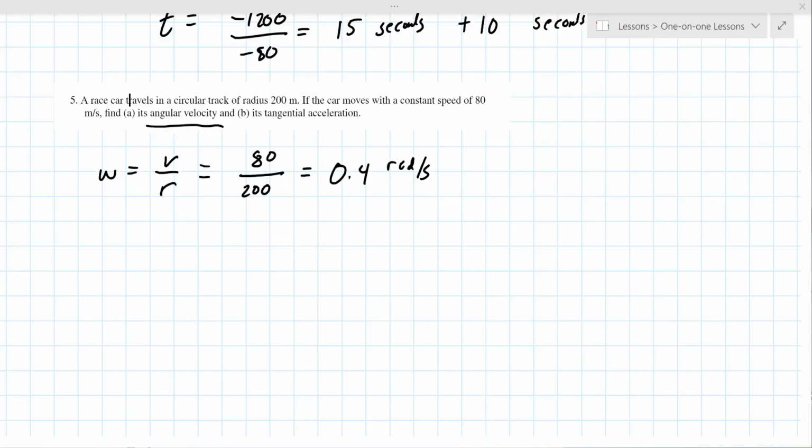Wait, it doesn't have time at all. That's got to be a bug or something. So the instructor borrowed this from a question where they say it goes from 80 to 95 meters per second in 10 seconds. Then you can find alpha. You just can't do it with the given information, as far as I can tell. Skip this one, I guess.